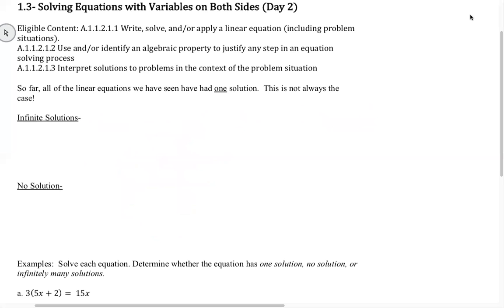So understanding infinite solutions as a true statement, no solution is when you get a false statement. What does that mean?